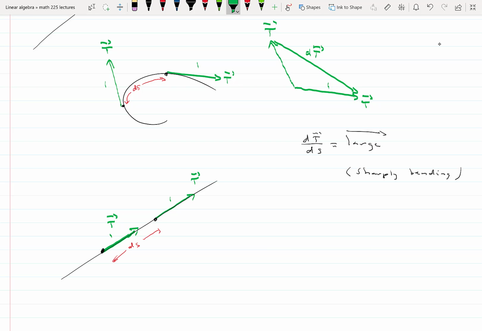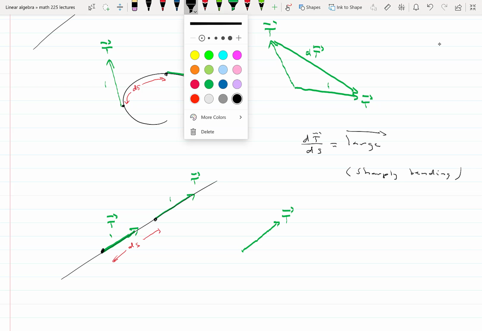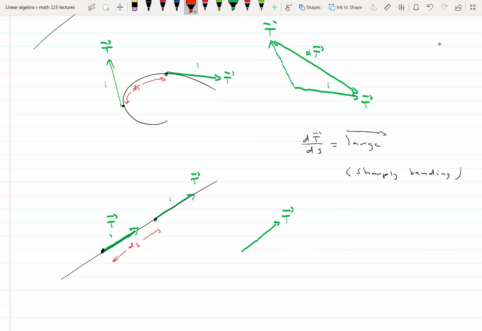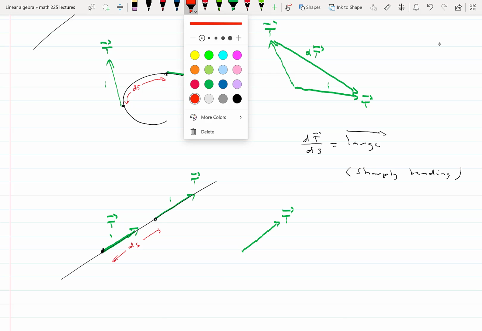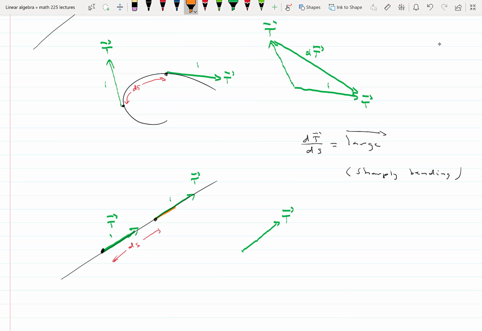Now draw them tail to tail. There's the first one. And right on top of that one, just for emphasis, here's the second one, which I'll change to orange so we can actually see it. So here's our second one, placed right on top.